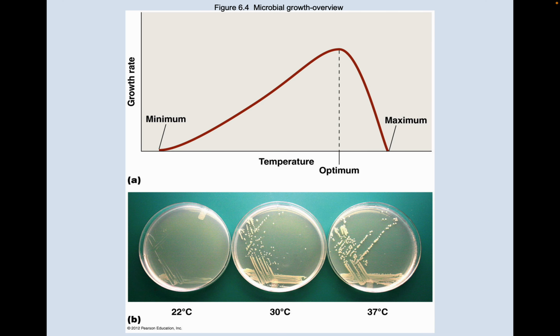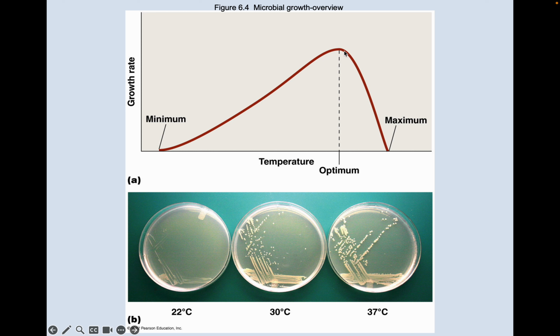All right, so have a look at this graph here. We've got temperature on the x-axis and growth rate of bacteria on the y. So there is a temperature where bacterial growth gets faster and faster and faster, right? Up to an optimum growth rate.